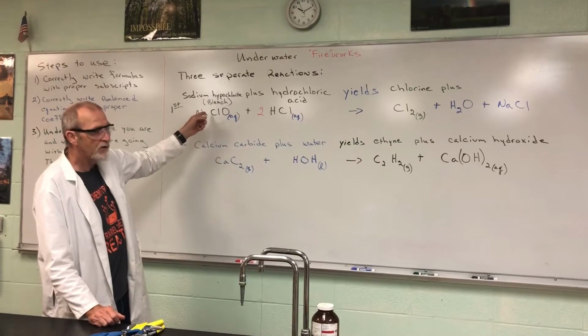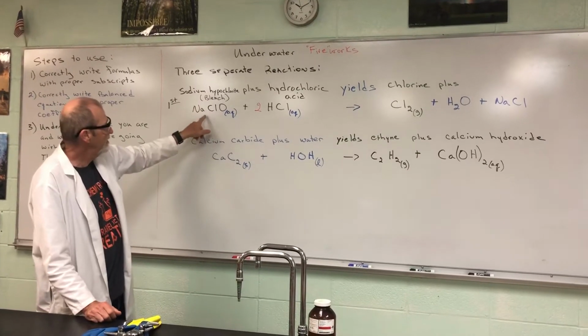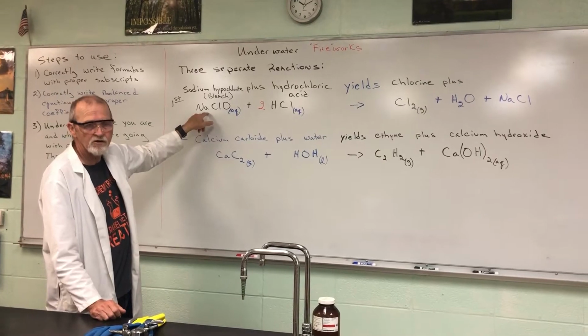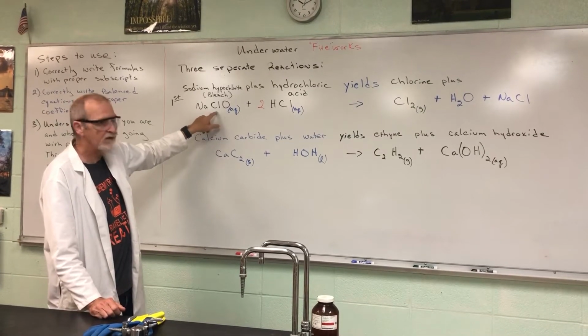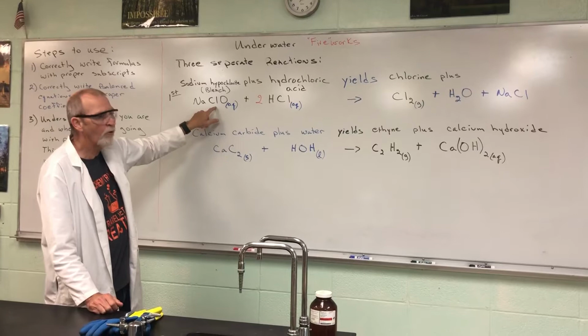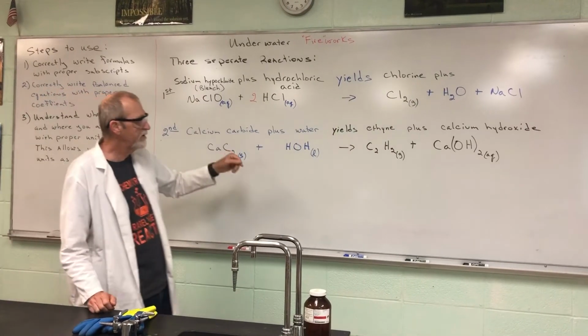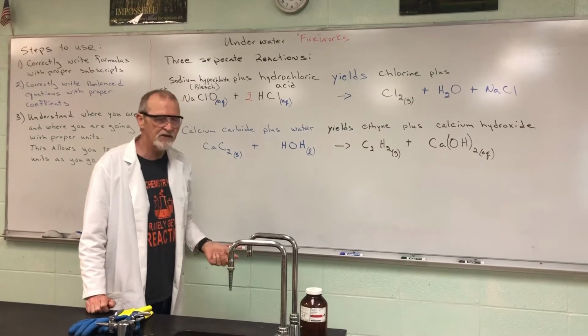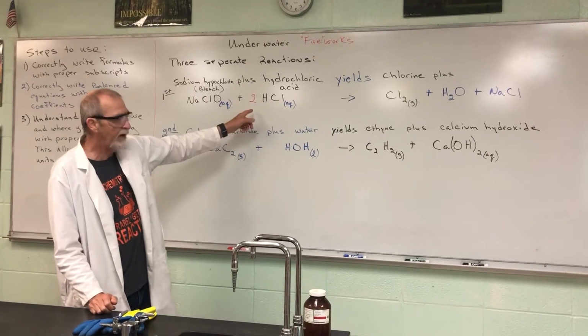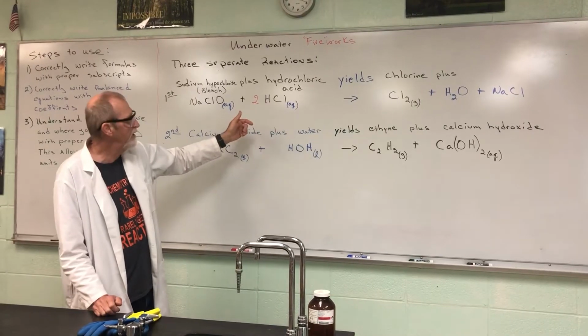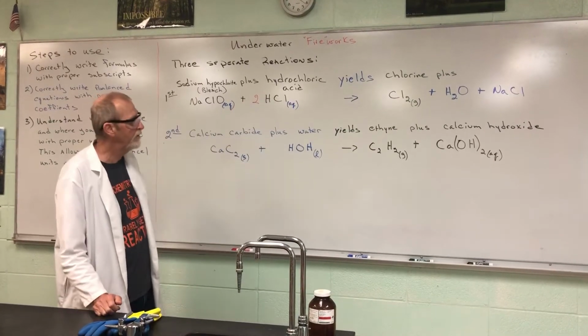The bleach in the reaction is sodium hypochlorite, which we learned in our study of radicals. The hypochlorite radical is sodium hypochlorite, and it is aqueous. It's in about a 6% solution. We have hydrochloric acid, which in our study of binary acids we know has the prefix hydro on it.